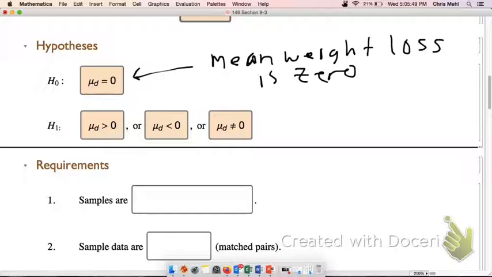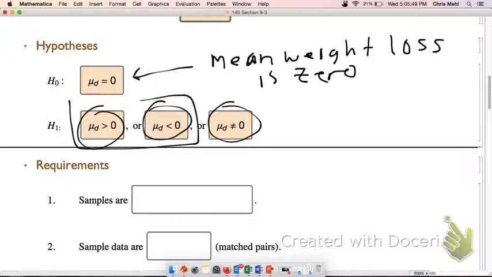And then the three alternative hypotheses, you can take them this way. Depending on how you set up the differences, the first two are essentially saying that either the mean weight loss is positive, so that in general the diet leads to weight loss, or that there is actually a weight gain, so people actually gained weight using the diet.